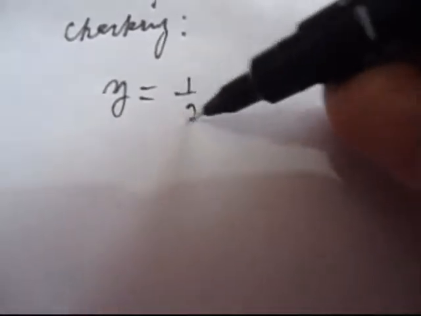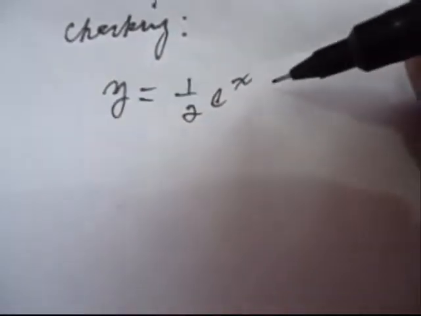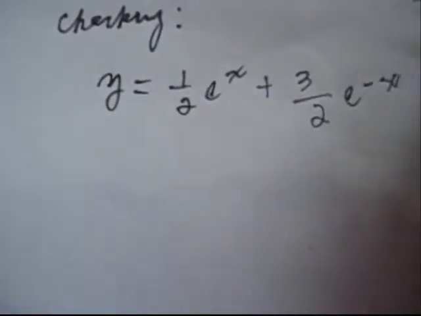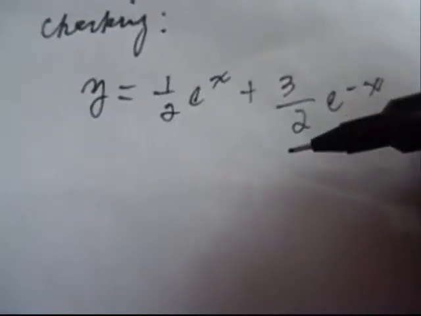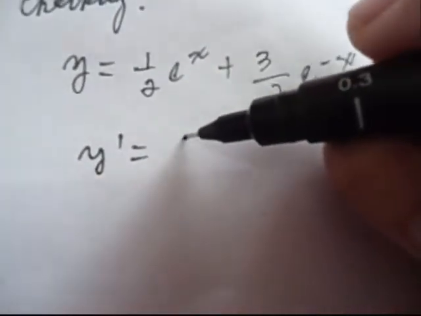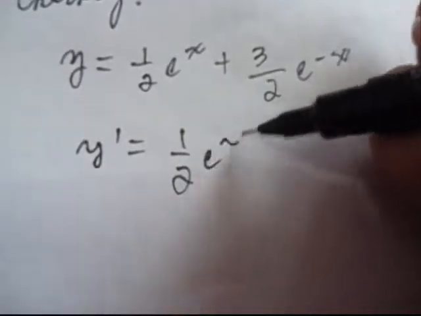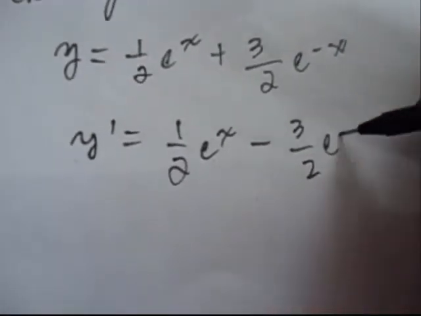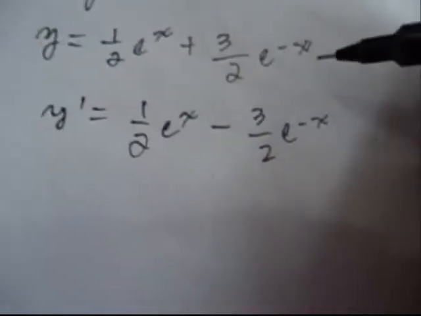Now, checking our solution, we got y equals 1/2 e to the power of x plus 3/2 e to the power of negative x. So first we need to get its derivative, so y prime equals 1/2 e to the power of x minus 3/2 e to the power of negative x.